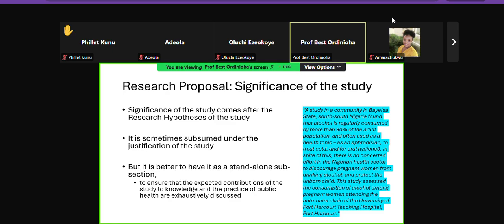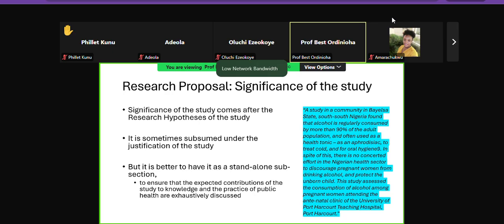Significance of the study is more towards the contribution of the study to practice or to knowledge. So if you are carrying out a study on immunization in a rural community, it means that you are contributing data and information on the uptake of immunization services in that community.